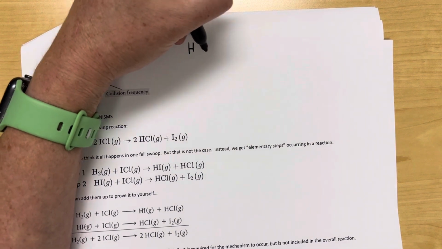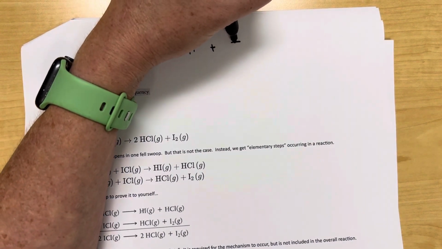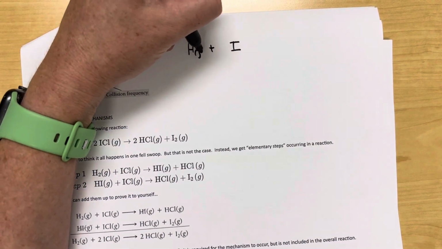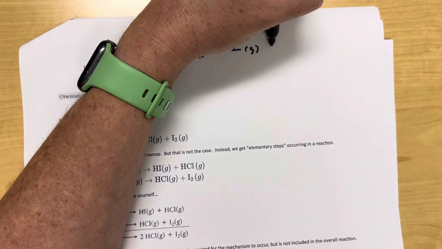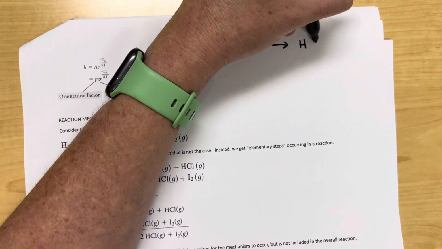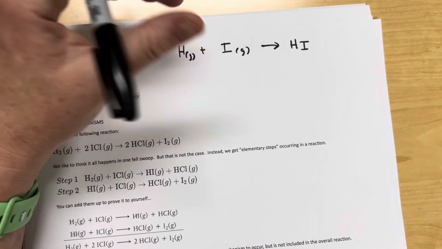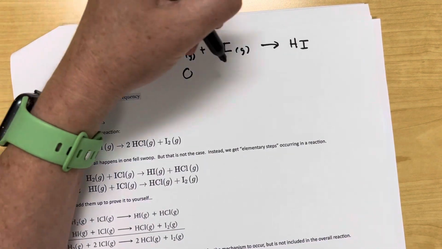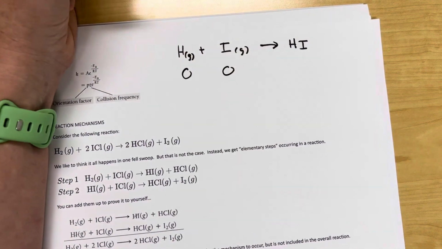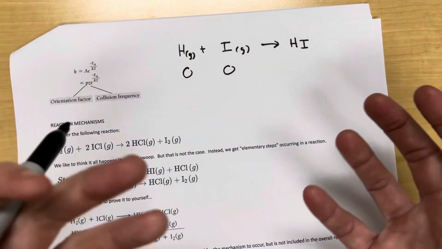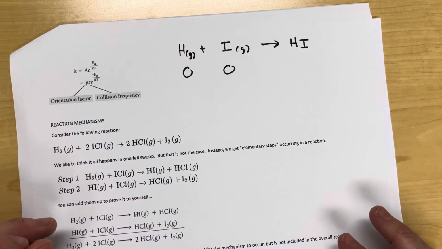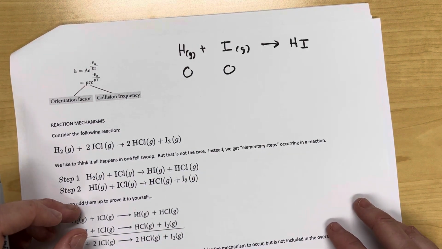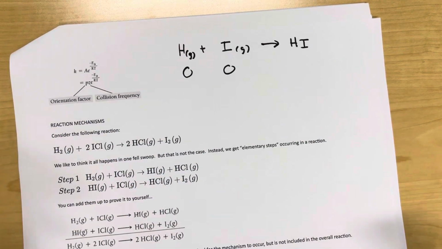So let's say we have H plus I, some kind of monoatomic gas forming HI. Essentially you've got some kind of sphere, some kind of other sphere, and I call them spheres, they're really atoms with electrons moving. They're like moving blobs really.